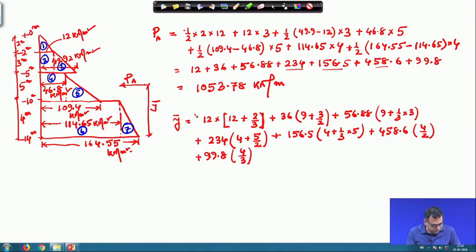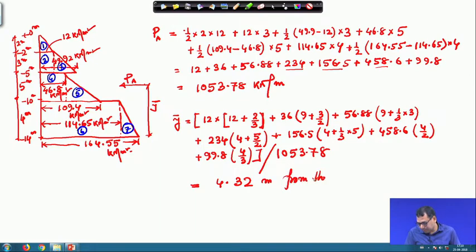And then the total one we have to divide by the total force, that is 1053.78. Now, if I solve this, this is coming out to be 4.32 meter from the base of the wall.